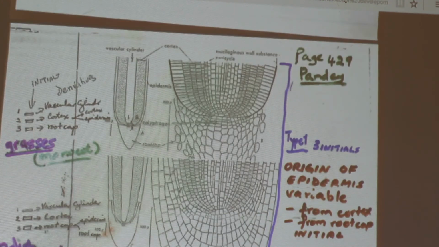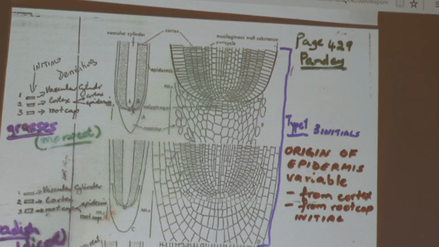Okay, now this is explaining something in the root. We have said phylogeny or evolution can be explained with the tunica corpus theory. Please note the tunica corpus theory applies only in the shoot apical meristem.